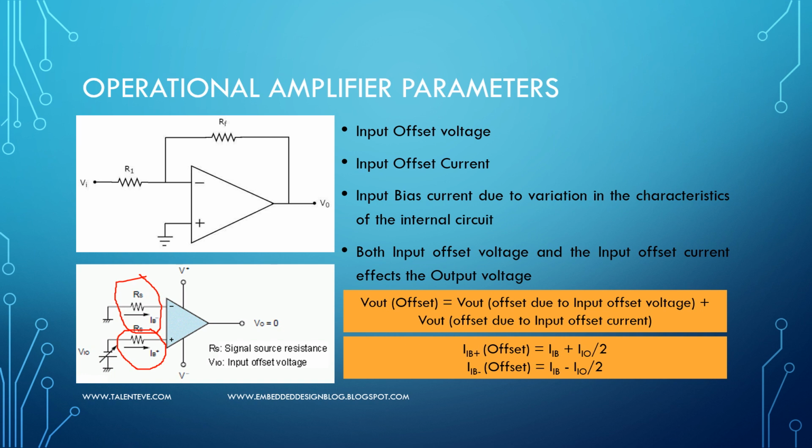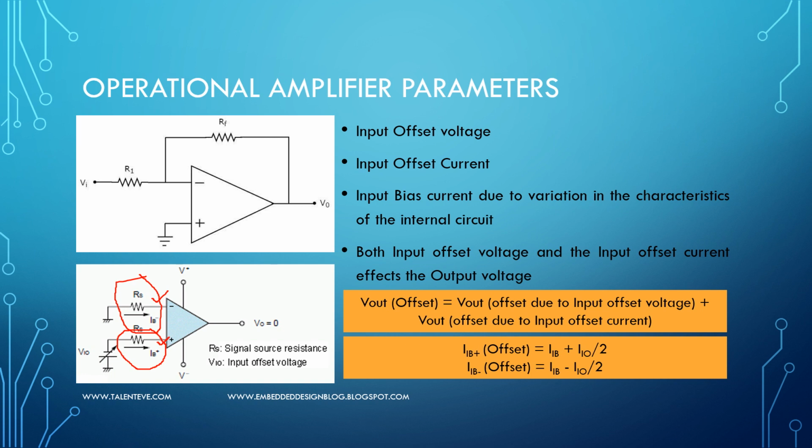Now, as we said here, there is a bias current that is flowing into the inverting terminal and non-inverting terminal. If you see the data sheet of the operational amplifier, the parameter that is mentioned is the input bias current, and it is not the individual bias currents into the inverting and non-inverting terminal.